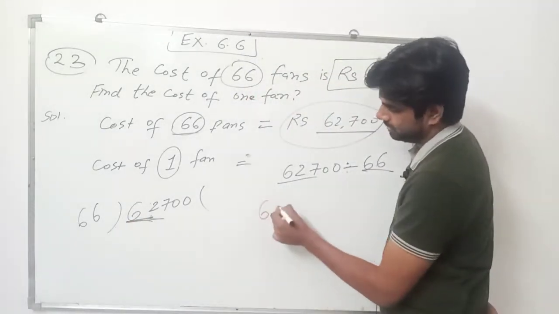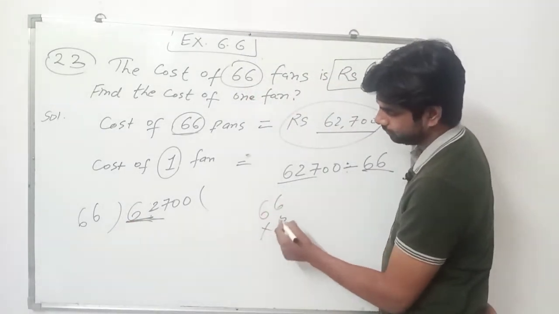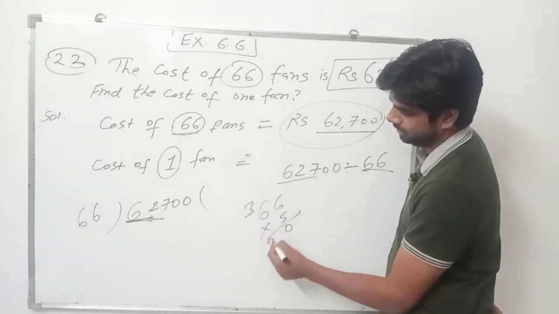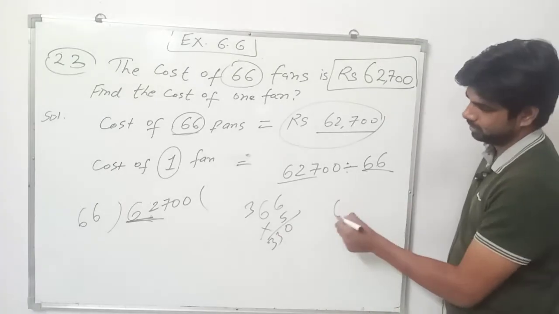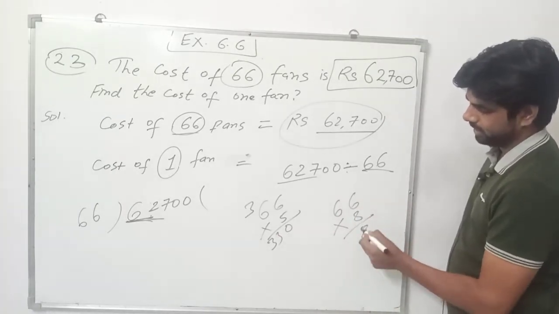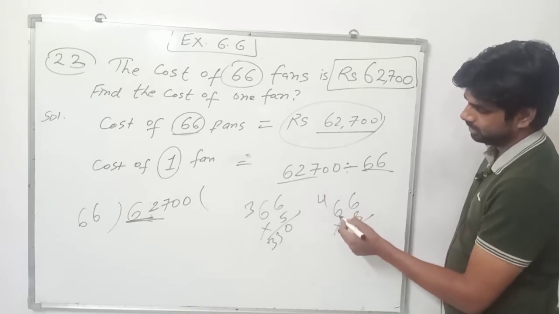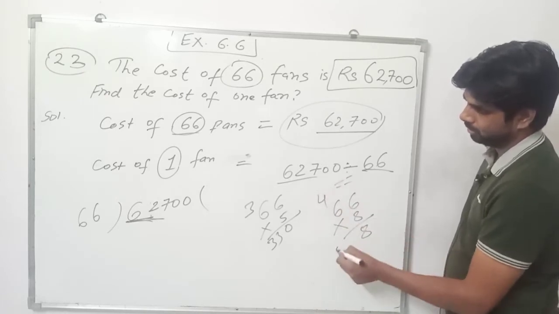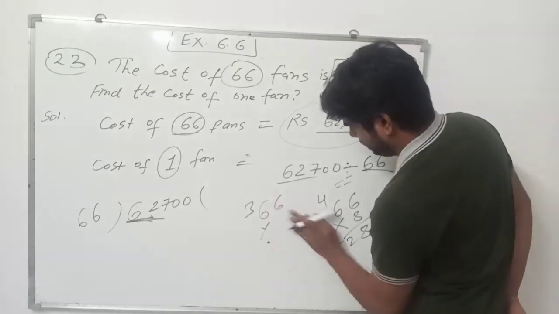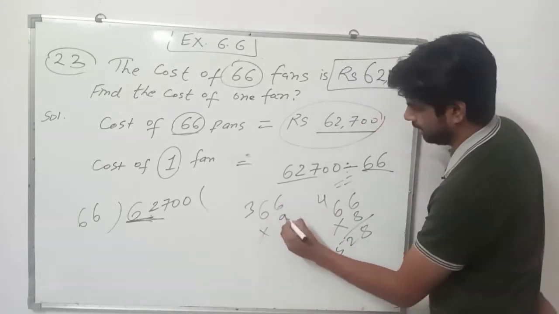Let's multiply 66 by 5: 6 fives are 30, carry 3, 330. This is very small, so we multiply 66 by 8: 528. Now let's multiply 66 by 9.